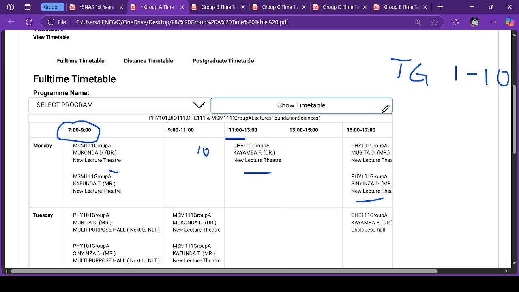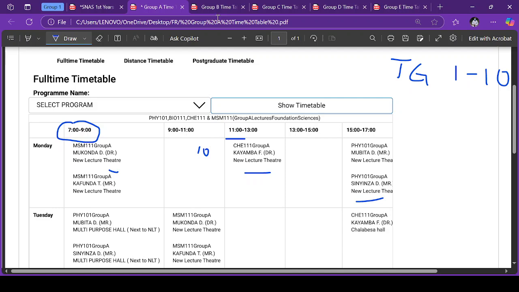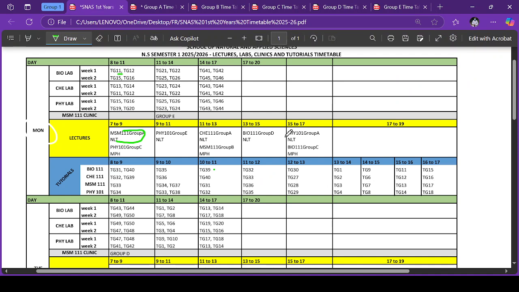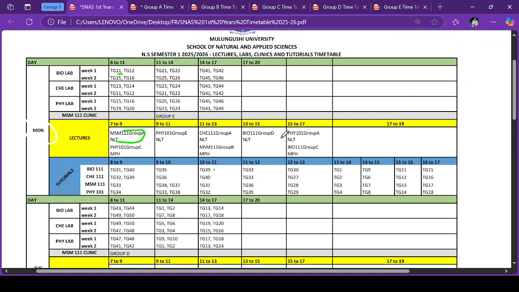It can happen like that, not at the same time. For group A, those are the only things you'll be doing. If you're in TG1 to TG10, on Monday you are just having 3 lectures, no labs, no tutorials in the morning.